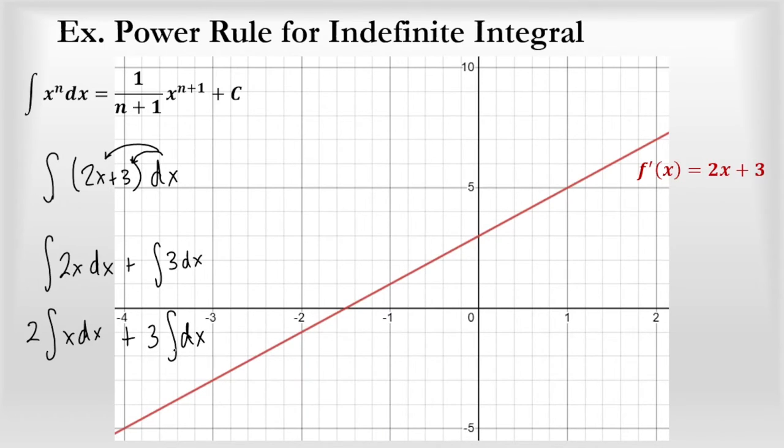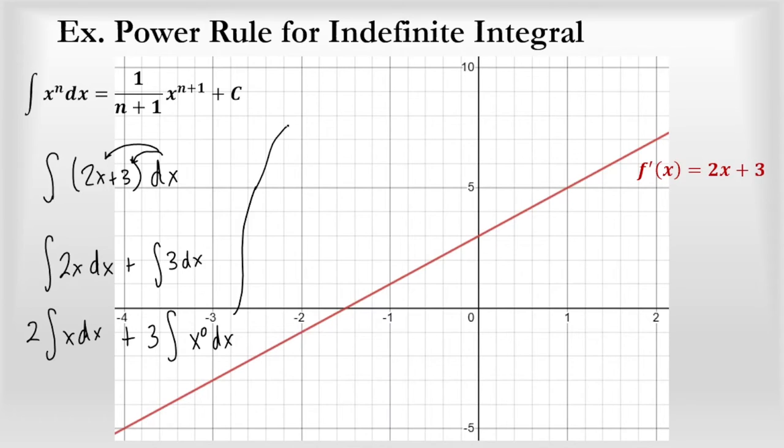That may look weird, but you may be able to think of it this way: maybe it leaves a 1 here, or an x to the 0th power dx. Okay, that might be an easier way for you to think about it. Instead of just putting the integral of dx, I can put x to the 0th dx. And remember that I'm going to add 1 to that exponent of x.